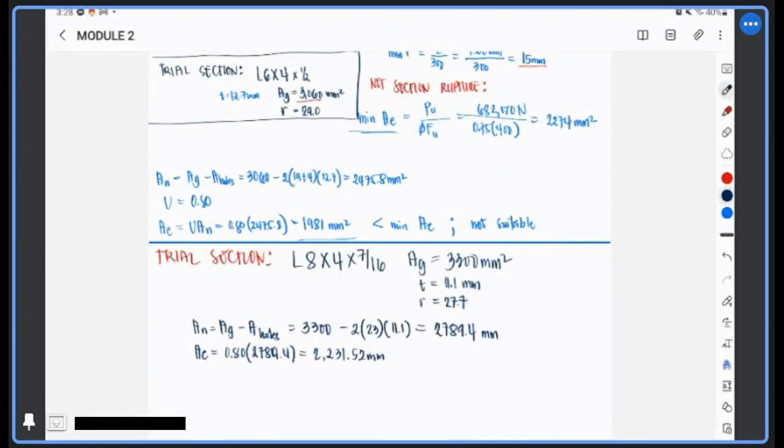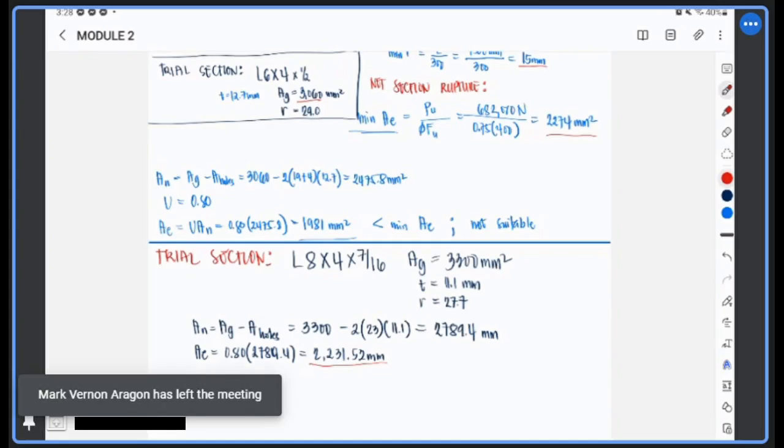All right. So our minimum effective net area, okay, is 2,274. So our computed value for our trial section is 2,231.52. Okay. What do you think, guys? Pasado ba yung ating section? Pasado ba o hindi?